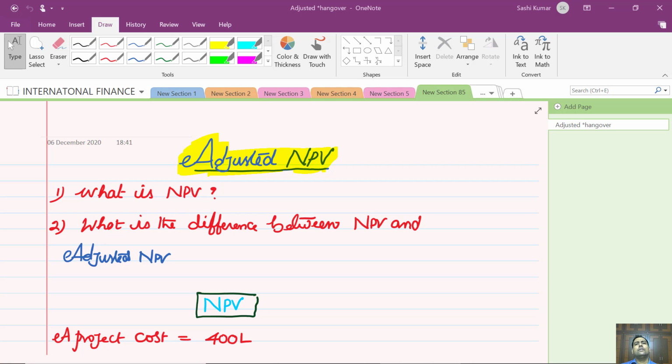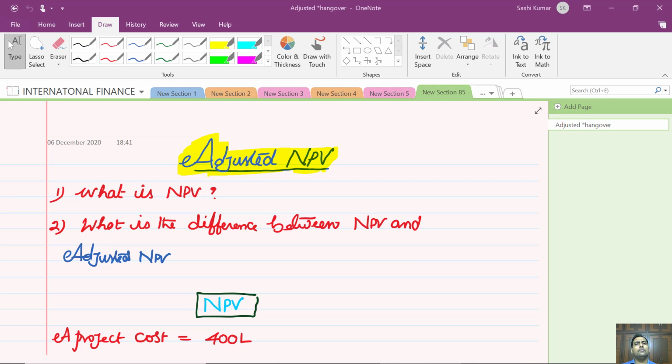Then it makes a rational judgment. In discounted cash flow techniques, we have seen several concepts like NPV, profitability index, IRR, discounted payback period. Among those, the most superior methodology for evaluation of various long-term projects is the NPV.